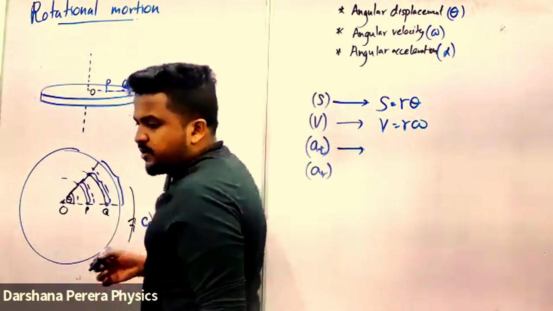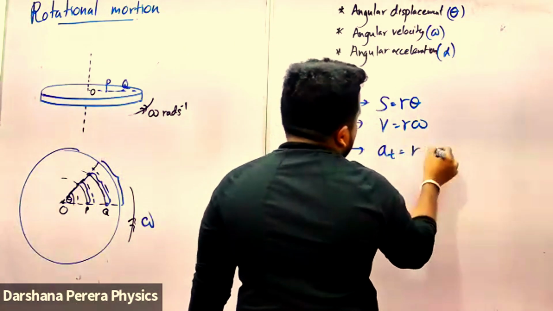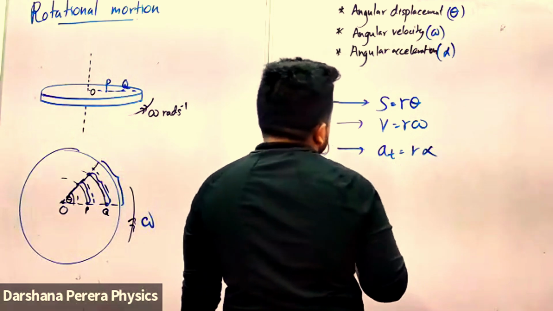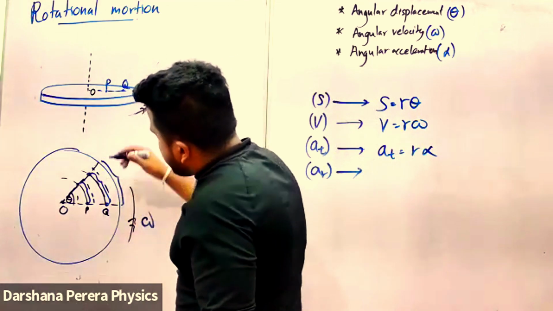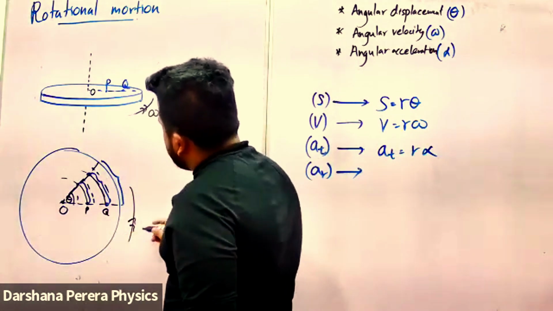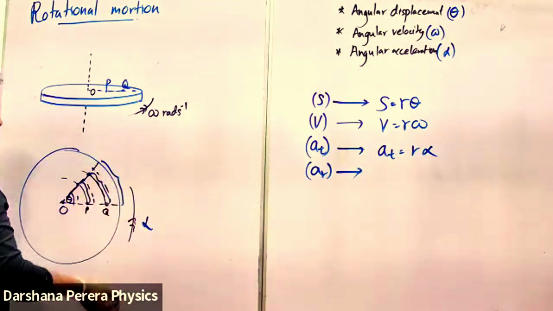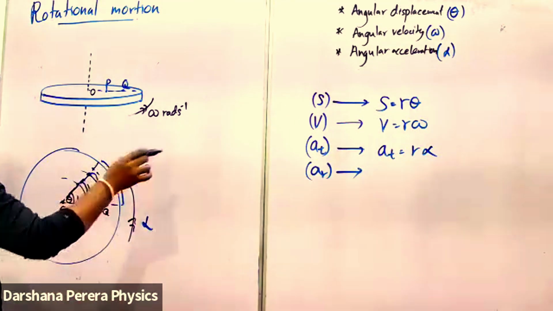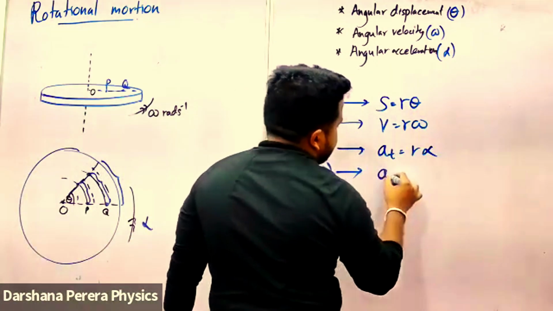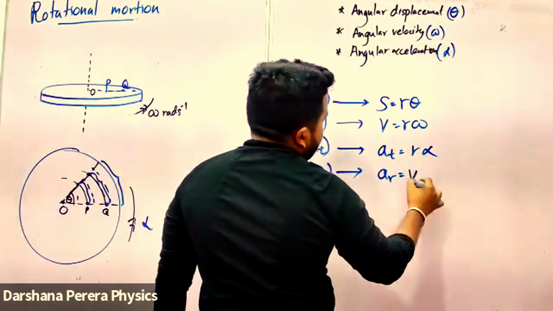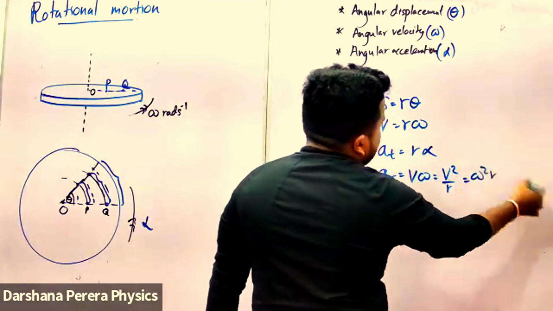AT means tangential acceleration. What is the formula of the tangential acceleration? AT equals R alpha. That also differs. Why? The radius of the particles P and Q are different. Then the radial acceleration AR equals V omega, or V squared over R, or R omega squared.